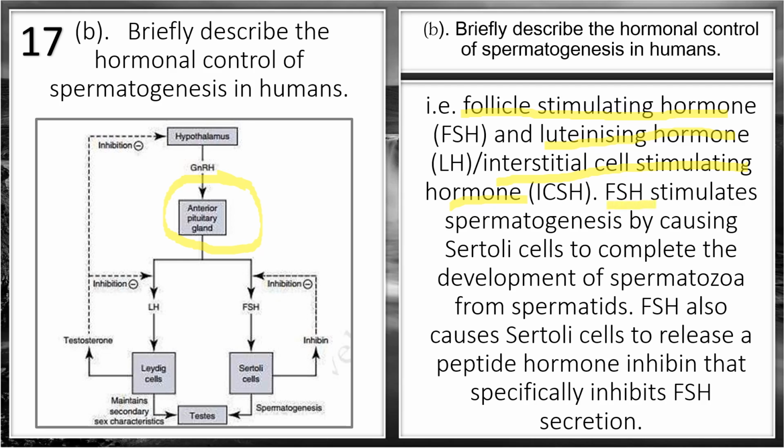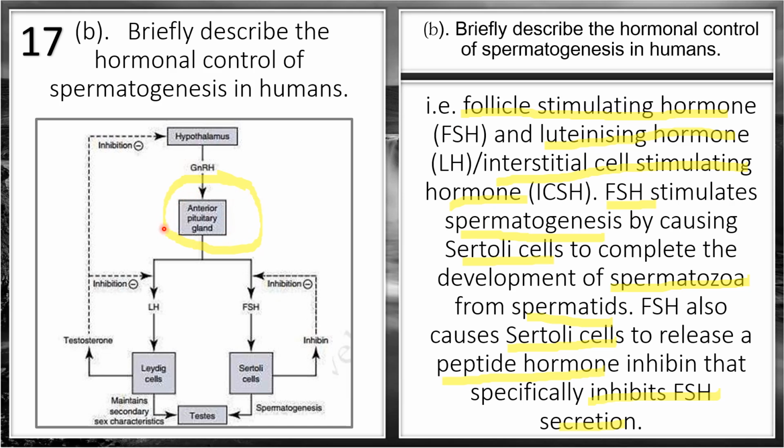The follicle stimulating hormone stimulates spermatogenesis, causing the Sertoli cell to complete the development of the spermatozoa from the spermatids. Follicle stimulating hormone causes the Sertoli cells to release a peptide hormone inhibin that specifically inhibits follicle stimulating secretion.